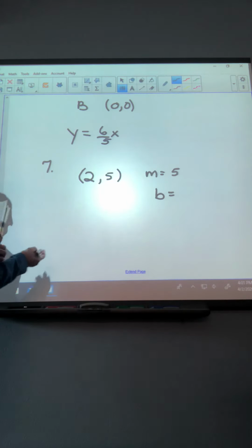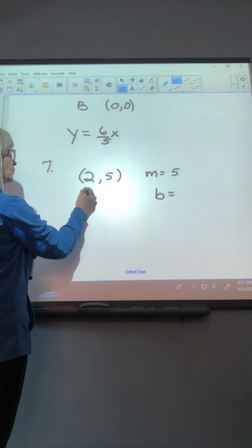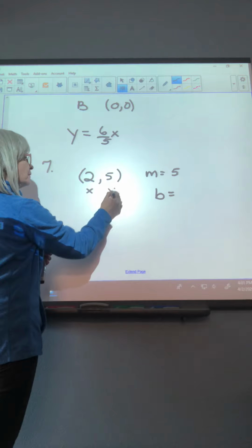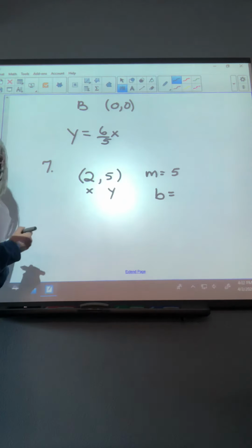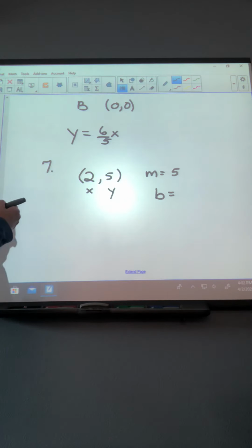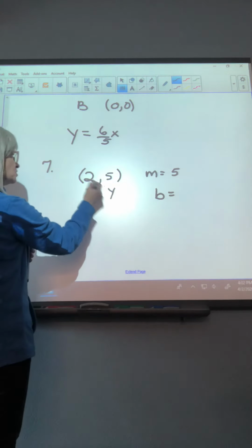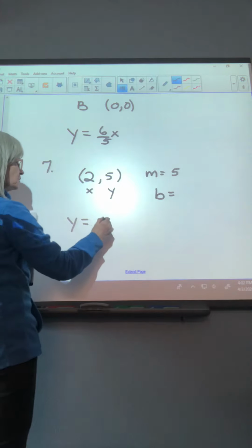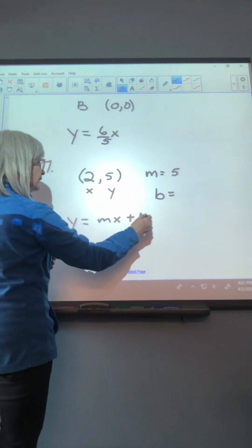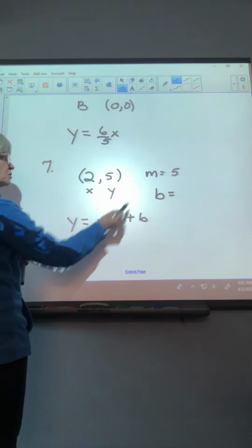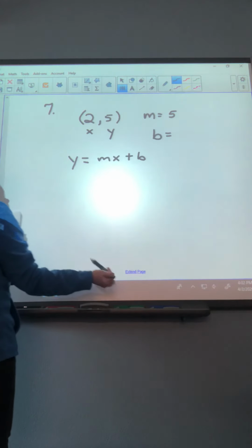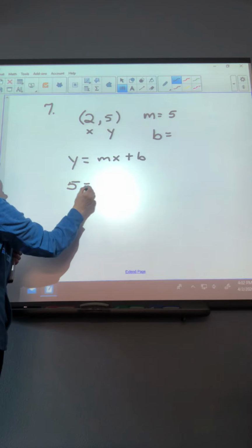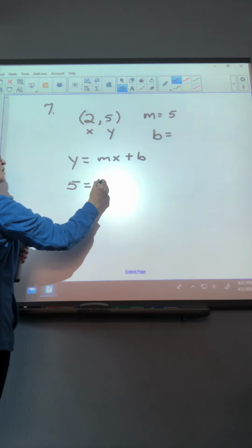So what we do is this. We know 2 represents an x, and we know y represents a 5, right? And so we're going to substitute this in the equation y is equal to mx plus b. And we're also going to substitute the m for the slope that we know. So we plug in a 5 for the y. The slope was also 5.